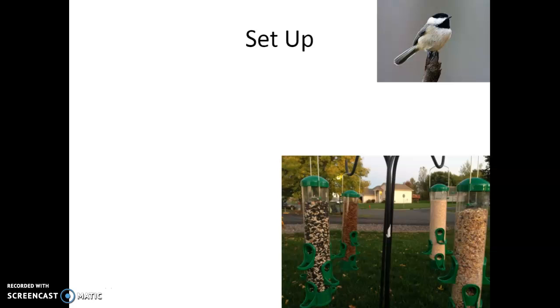Alright, so this was my initial setup for my experiment. This is at my old house when we lived behind Dollar General. But those are my tube feeders, the four different food types.